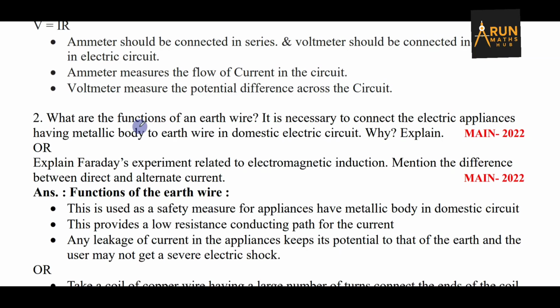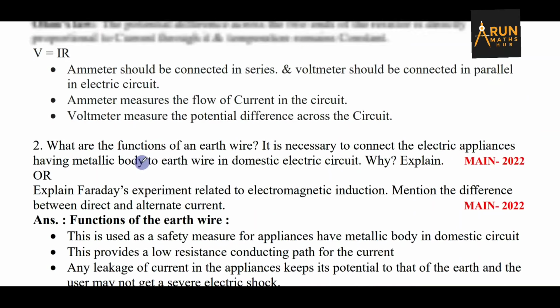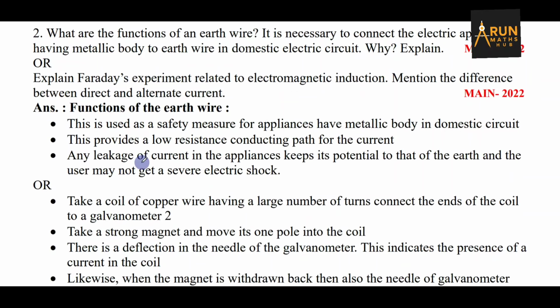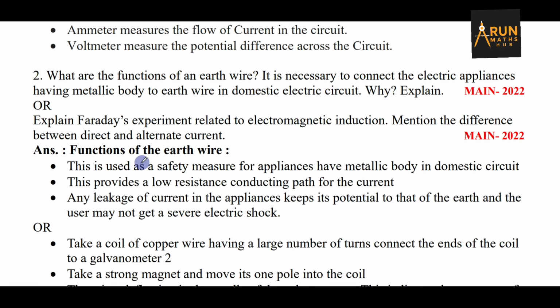Next you have, what are the functions of an earth wire? It is necessary to connect electrical appliances having a metallic body to the earth wire in a domestic electric circuit. Why? This is from the unit magnetic effects of electric current.